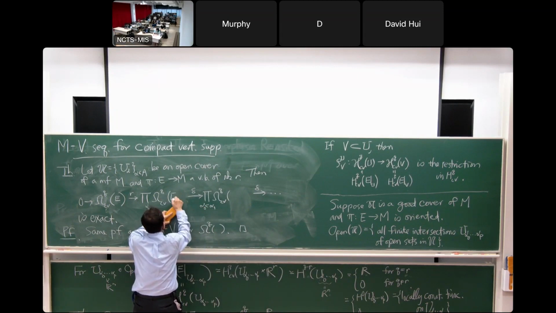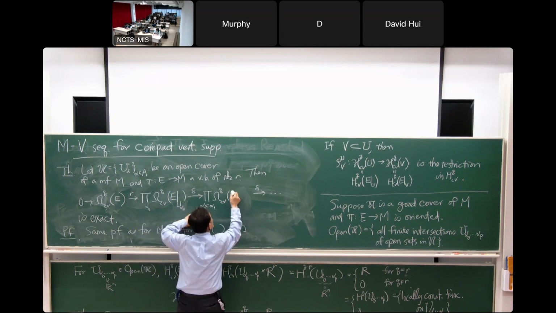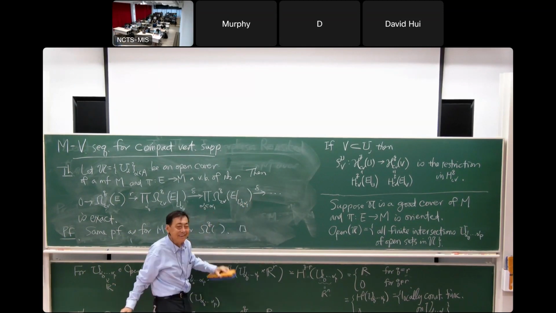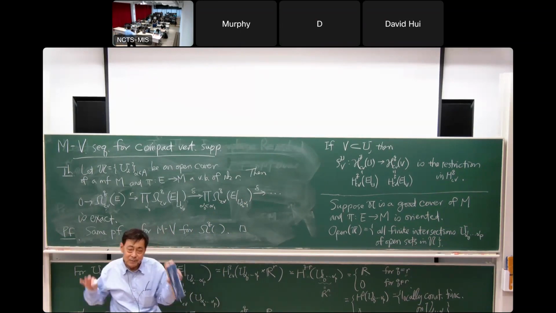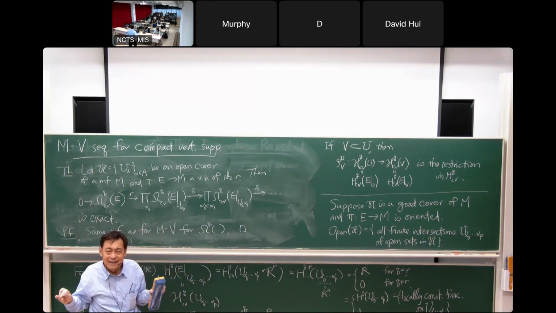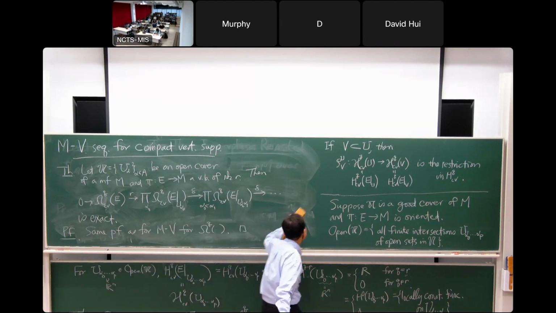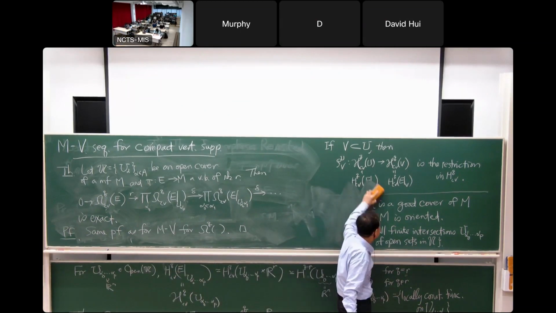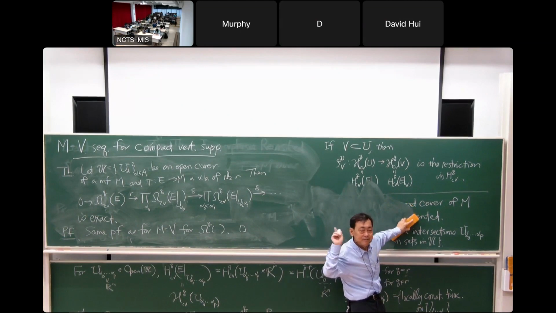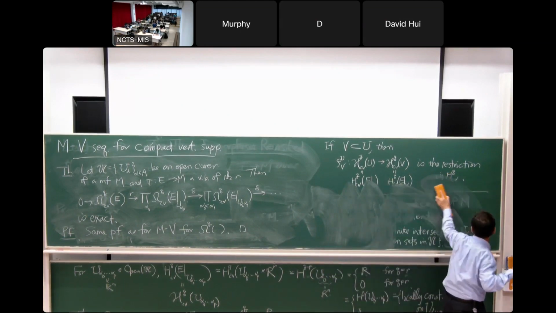Right, E restricted to U alpha 0. And here it should be E restricted to U alpha 0, alpha 1. I don't want that mistake to be filmed and live forever. Every time you see a mistake, please point it out to me.